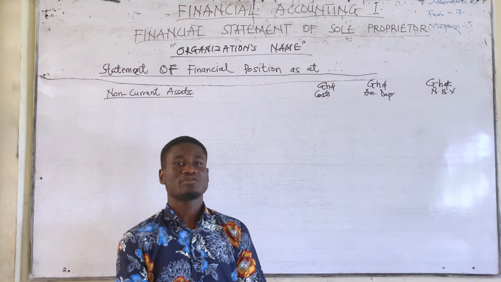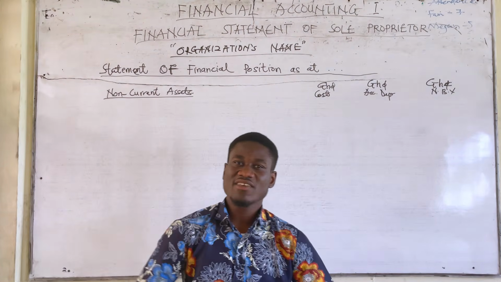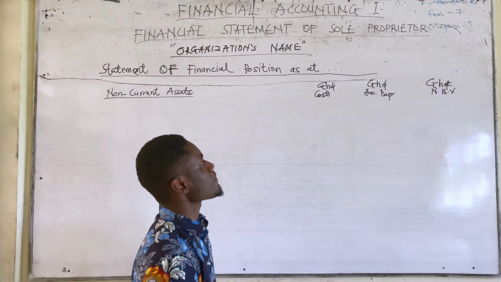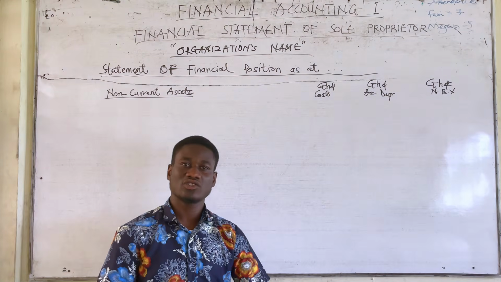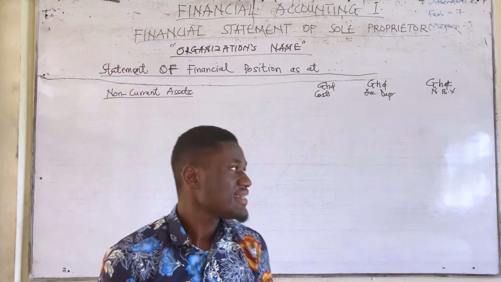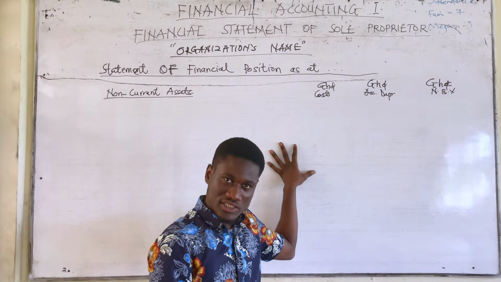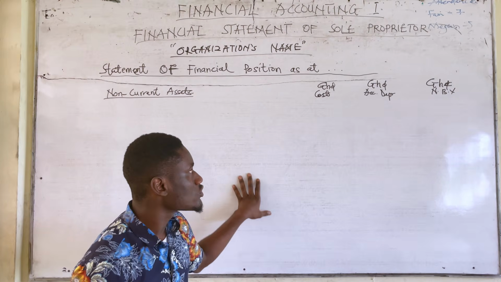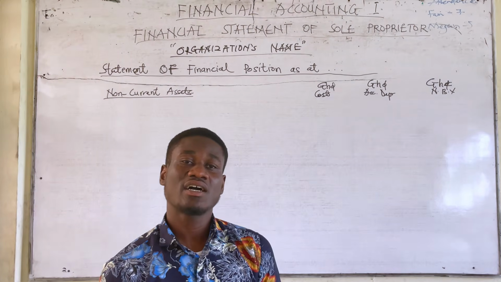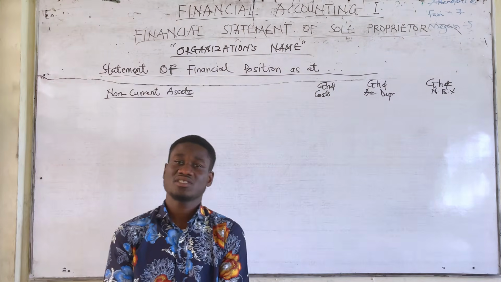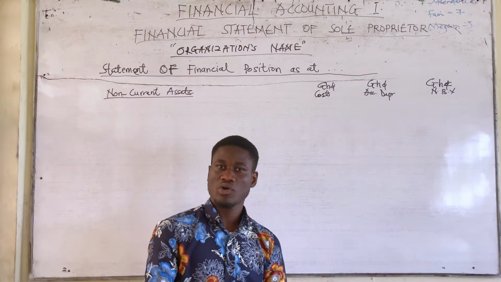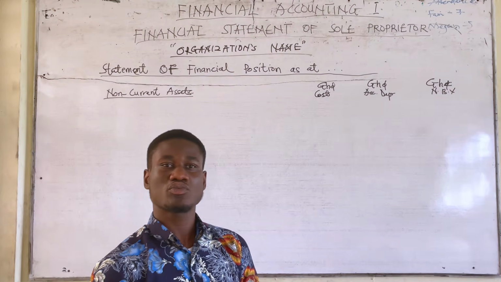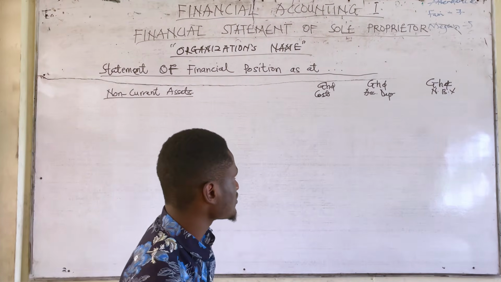So what you have to note is that the additional information items are recorded twice, and the items in the trial balance are just recorded once, either only in the balance sheet or only in the income statement. Do you get it? Good. So if we see any item under the additional information, that means that item has to be reflected in the financial statements twice, or it has to be treated twice. Do you get it? Good.